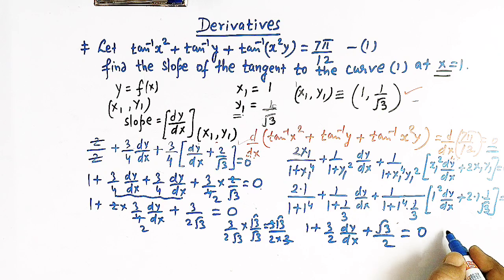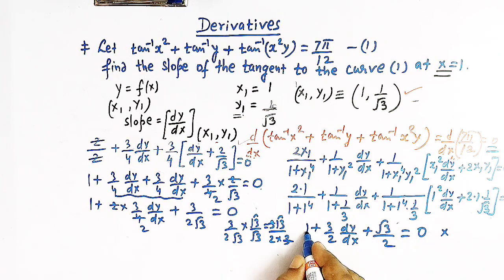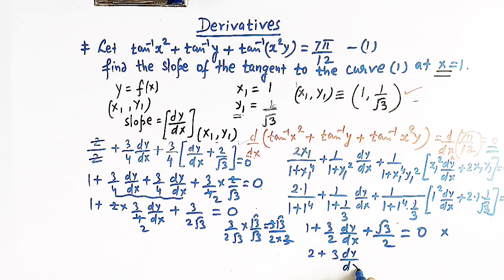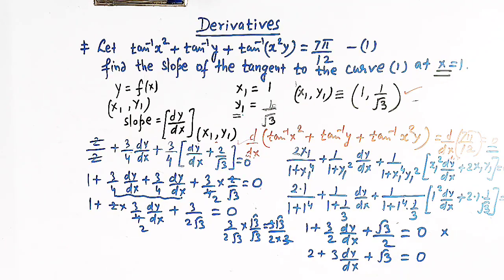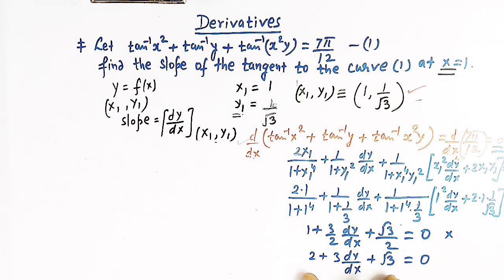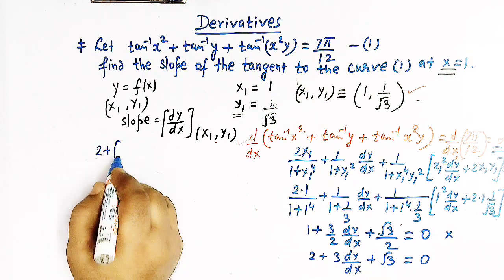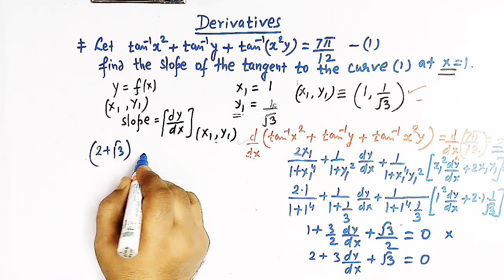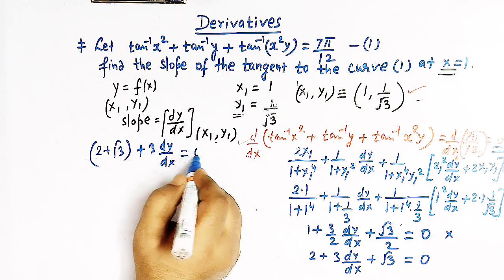Now multiplying this equation throughout by 2, we have here 2, then we have 3 times dy over dx, and here we have square root of 3, that is equal to 0. So now we can rearrange the terms. So we have 2 plus square root of 3 plus 3 dy over dx is equal to 0.